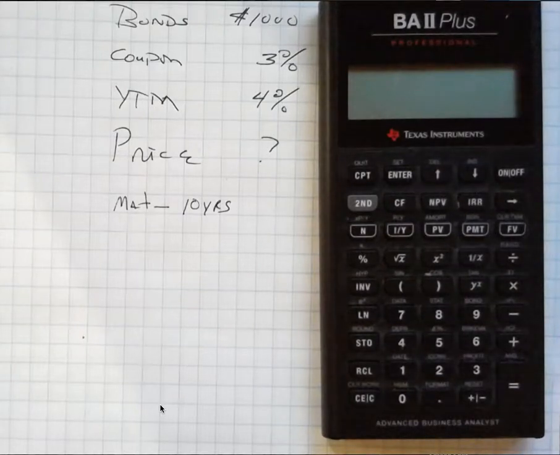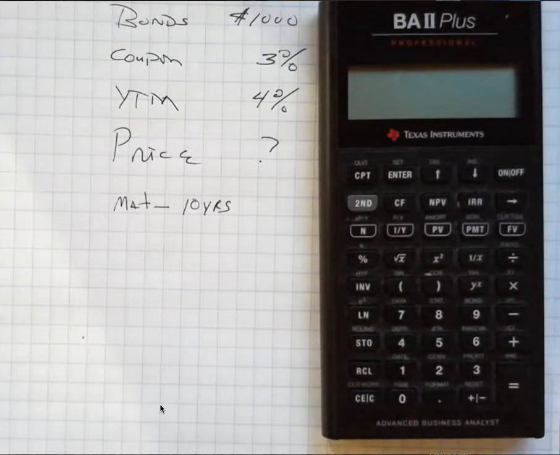Now let me make one further statement in regard to that. When this bond was issued, somebody paid $1,000 to receive 3% per year, and at the time of the issuance of this bond, the coupon of 3% was the same as its yield to maturity.